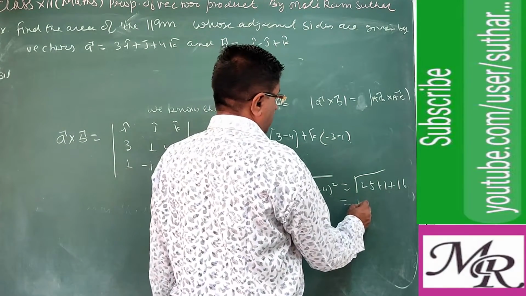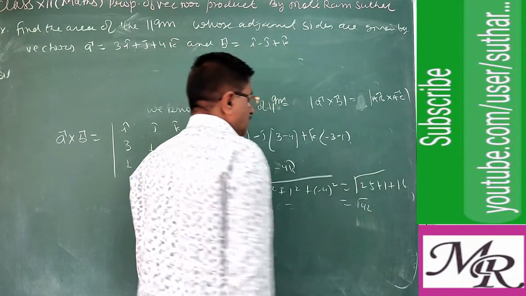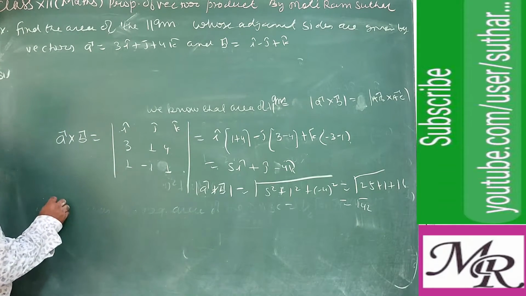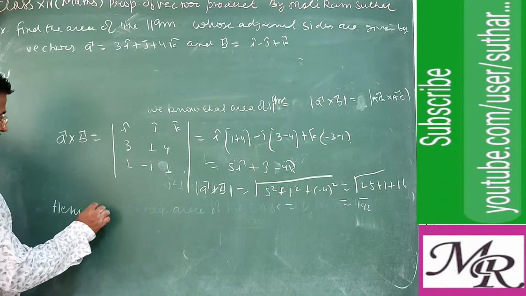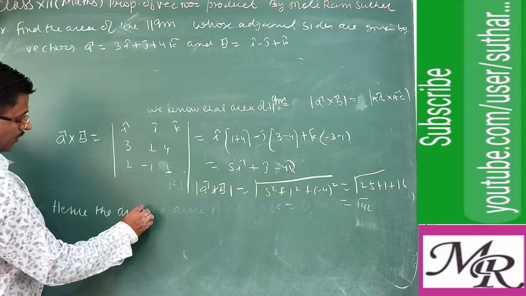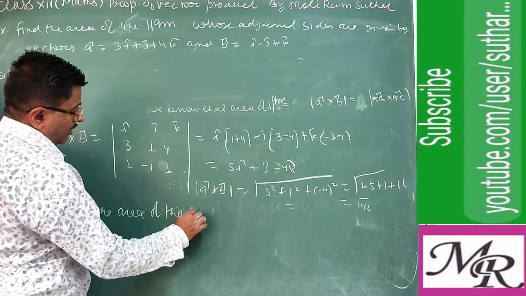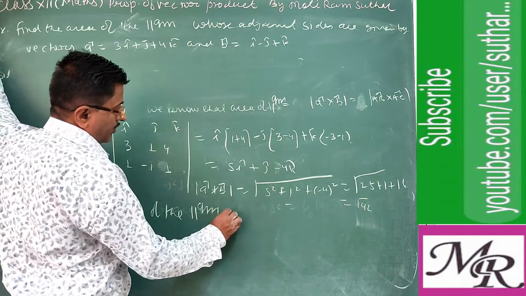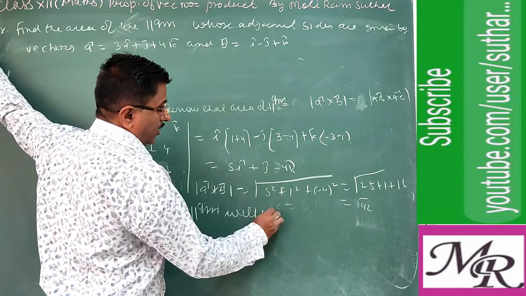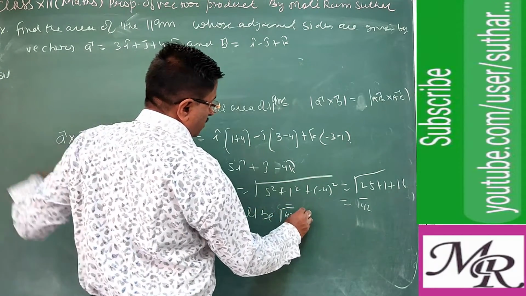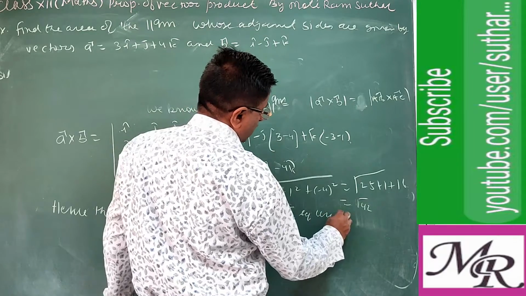So we can say root of 42. Hence the area of the parallelogram will be root 42 square unit.